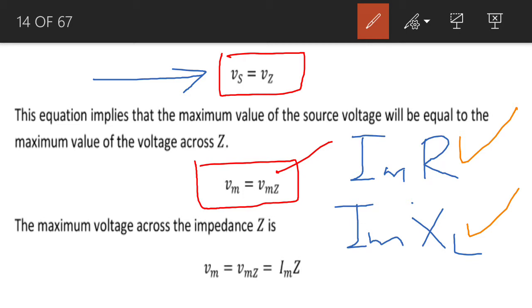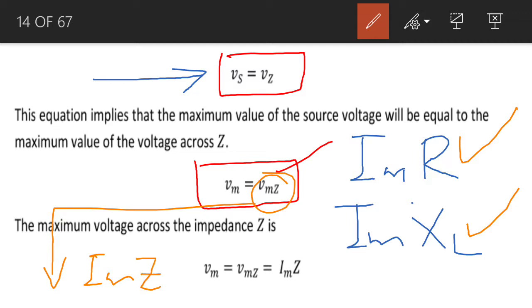Similarly, we can find out the maximum voltage across this passive circuit element if the maximum value of the current in this passive circuit element is known and the resistance of this passive circuit element is known.